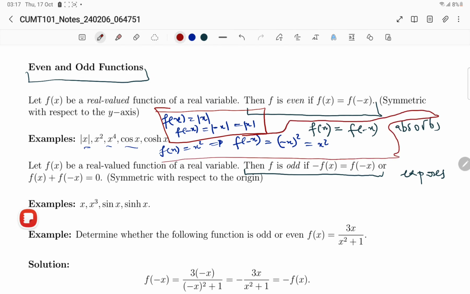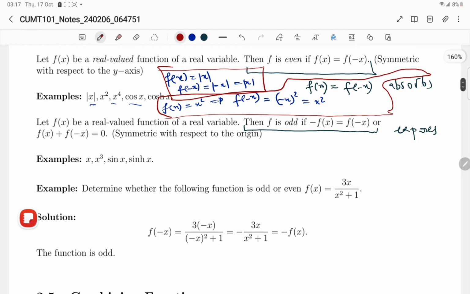Okay, so the same applies to odd functions. We say they expose the negative. By exposing the negative, you mean that f of minus x is equal to minus f of x. It exposes the negative.